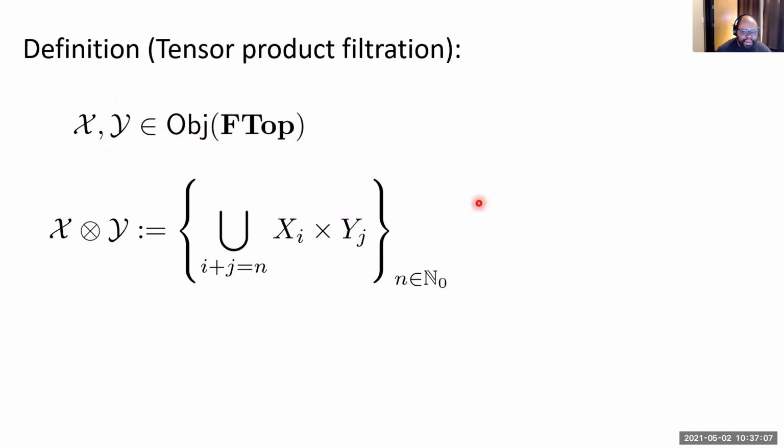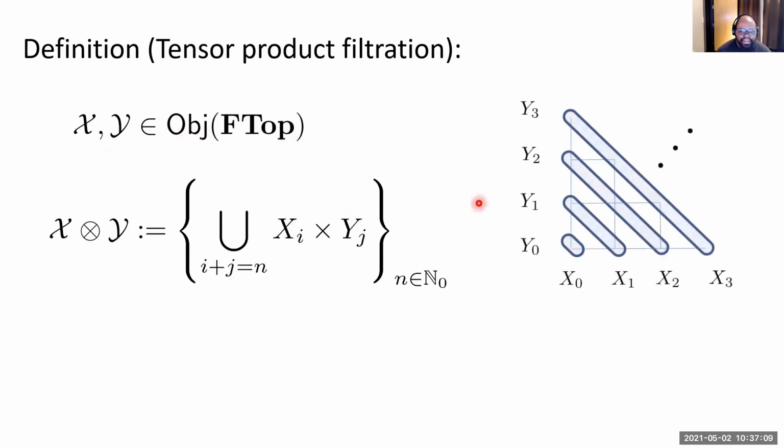If you're a visual person, this is what's happening: here's the filtration of X on the x-axis, the filtration of Y on the y-axis, and the filtration of the product is essentially the union over the anti-diagonals.